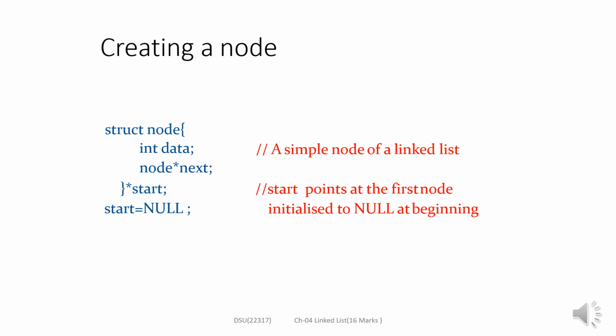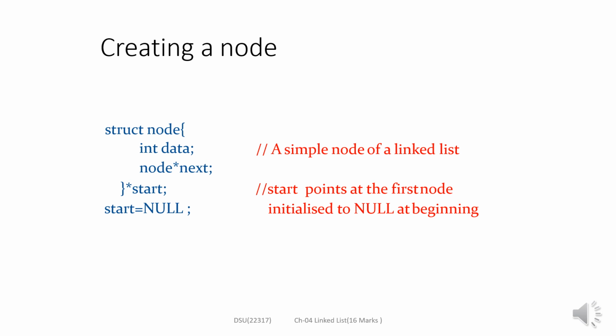In this code, a simple node of the linked list, in the structure we have to declare the data and the node pointer which points to the next node. Initially start points to the first node and it is null at the beginning, means initially the first node is equal to null.